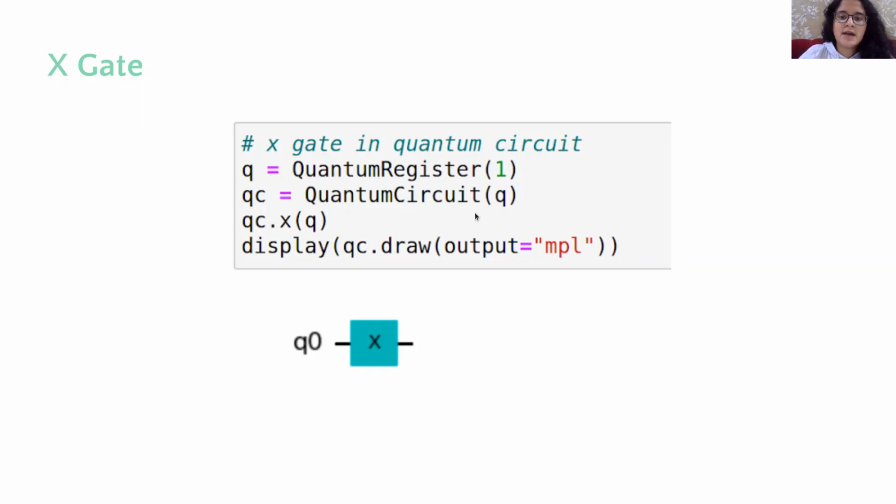Then we take q as a parameter of a quantum circuit and get a quantum circuit with just one qubit, and apply the X gate on that qubit using this function x and this parameter that implies which qubit of the quantum circuit the X gate should be applied to. It is then displayed using this command, something like what we've seen earlier as well: we have q0 as our initial quantum state, we apply the X gate, which is a matrix, on it, and get a new state.